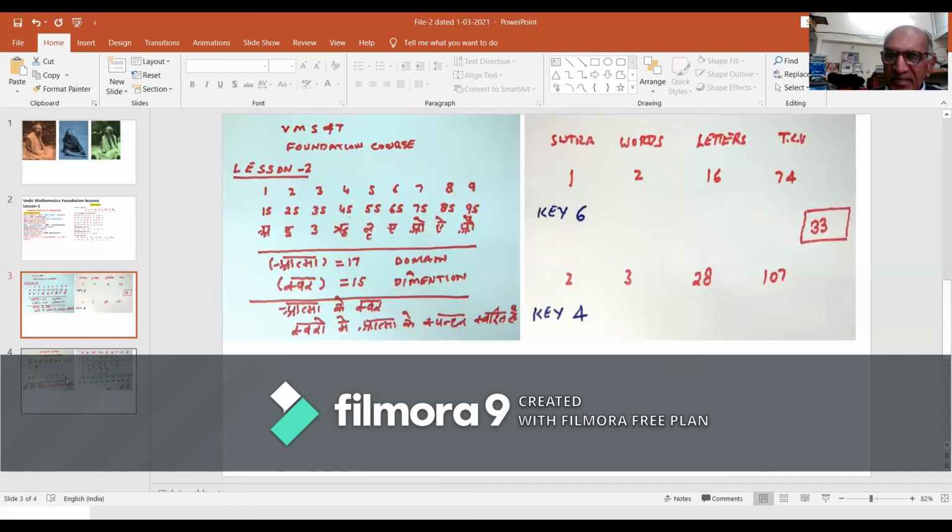One shall sit comfortably and have comparative view of the text of Ganita Sutra 1 and Ganita Sutra 2.